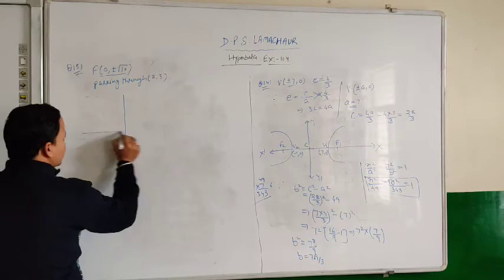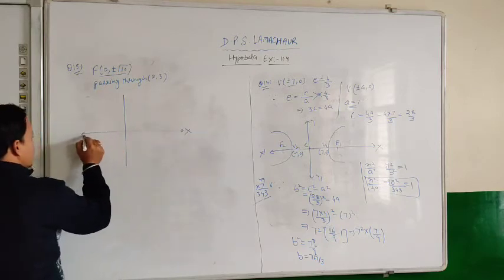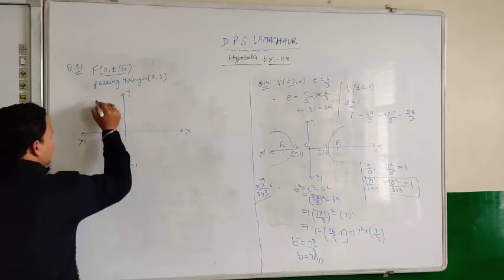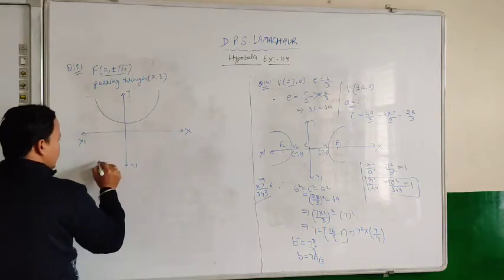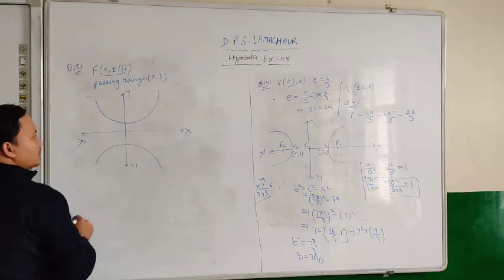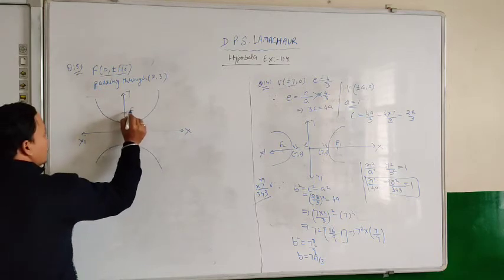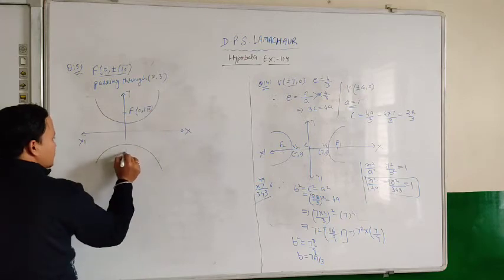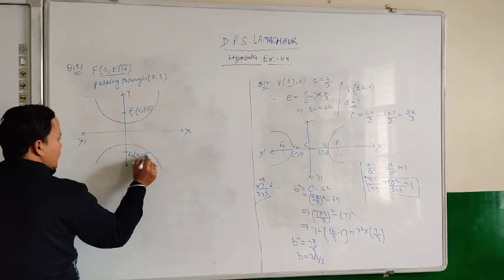So your diagram will be like that, this is the x axis and this is the y axis. This is your hyperbola. Here this is f1 having coordinate 0 comma root 10, and this is f2 having coordinate 0 comma minus root 10.